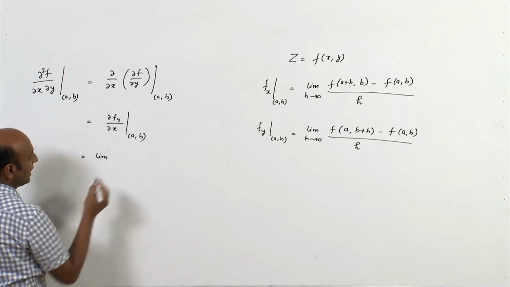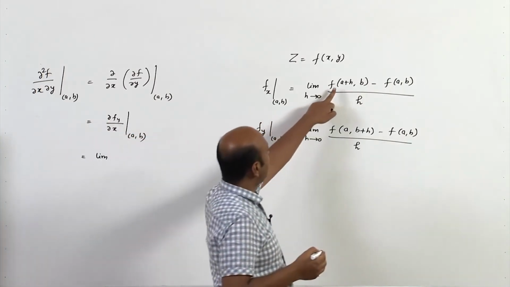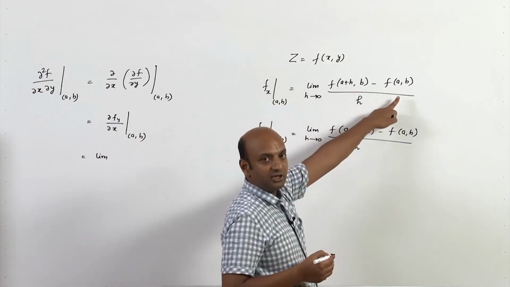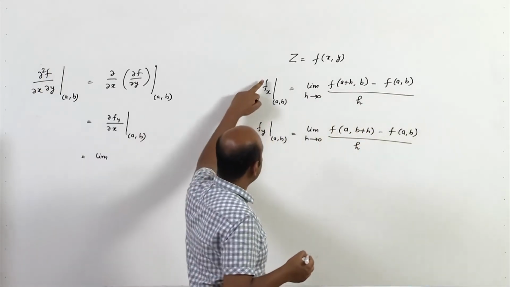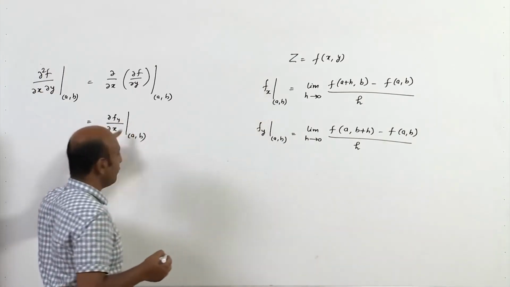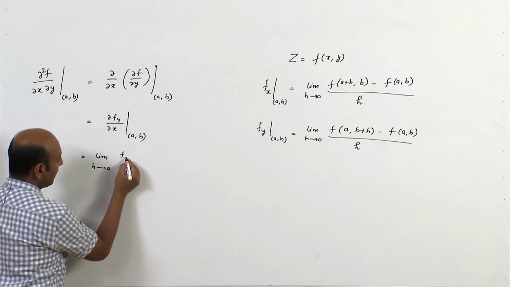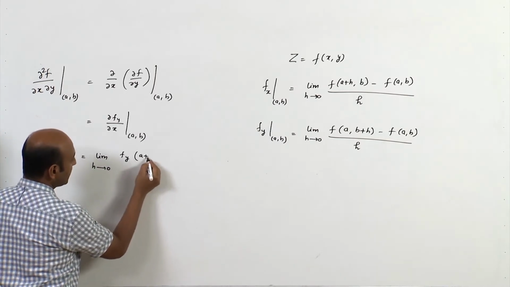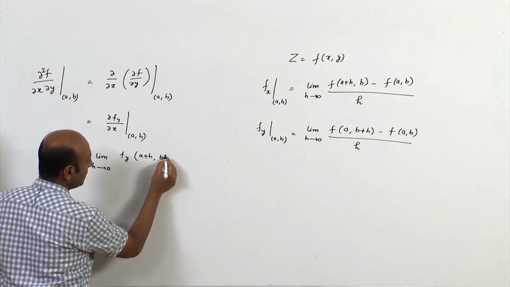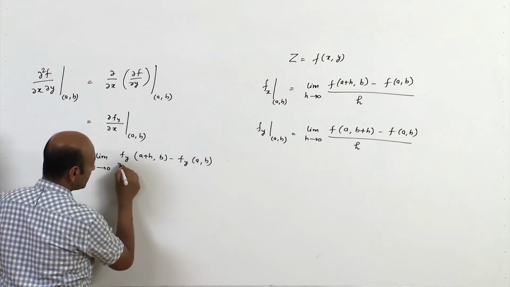By definition we have to replace f by f_y in the definition of ∂f/∂x, because instead of f we now have f_y. So that will be the limit as h tends to 0 of [f_y(a + h, b) − f_y(a, b)]/h.